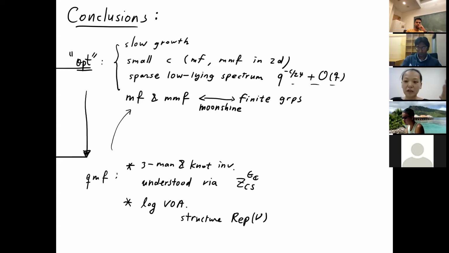So there's really a rich story that needs to be understood and extended. And hopefully one day soon, we will understand the role and relevance of quantum modular forms in physics, just as we are increasingly gaining a good understanding of the role of mock modular forms in physics.